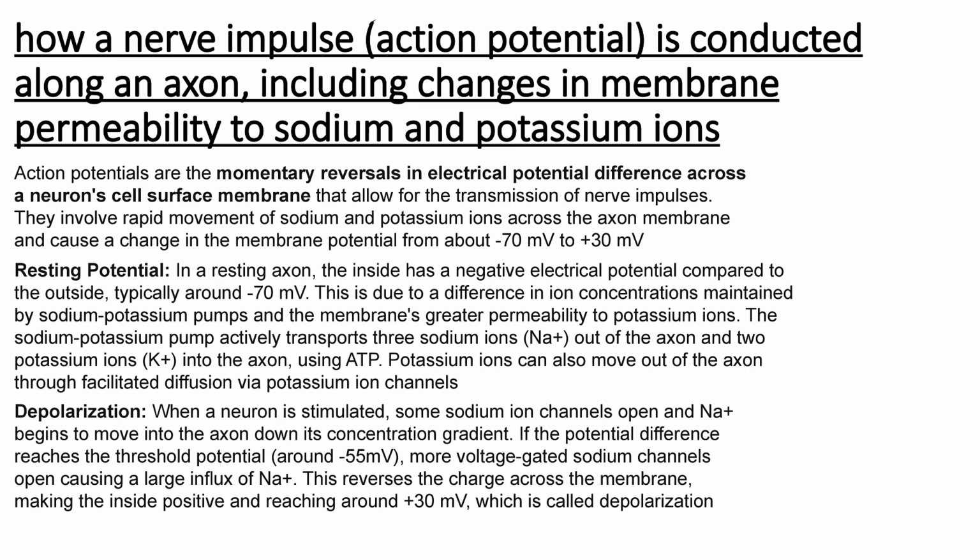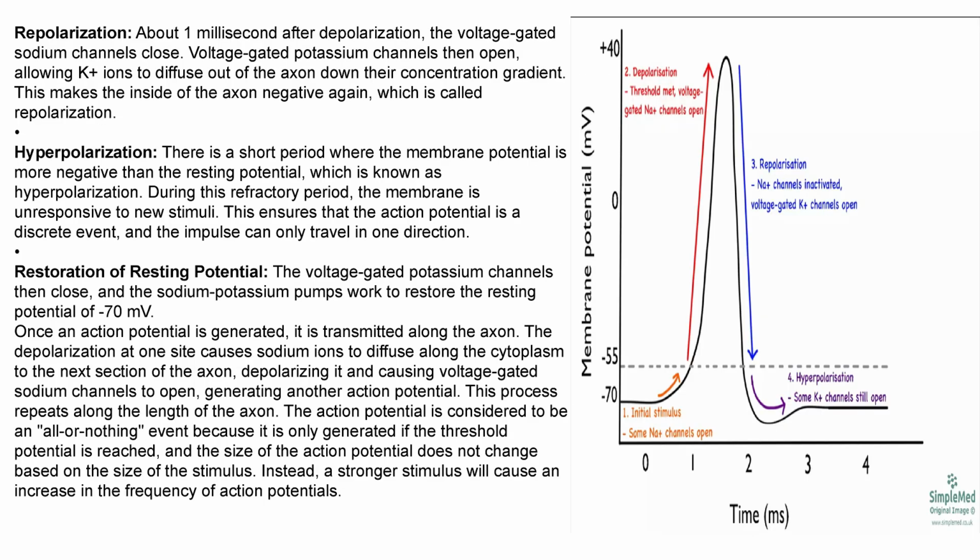If the potential difference reaches the threshold potential, around minus 55 millivolts, more voltage gated sodium channels open, causing a large influx of sodium ions. This reverses the charge across the membrane, making the inside positive and reaching around plus 30 millivolts, and this is called the depolarization. Next one is repolarization.